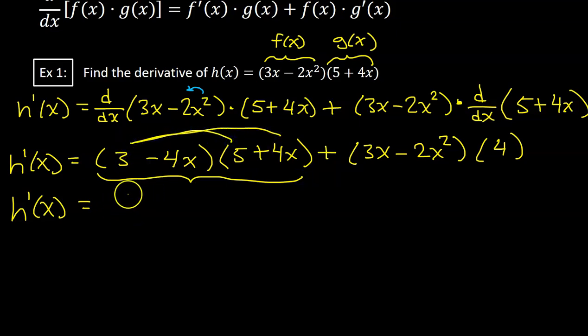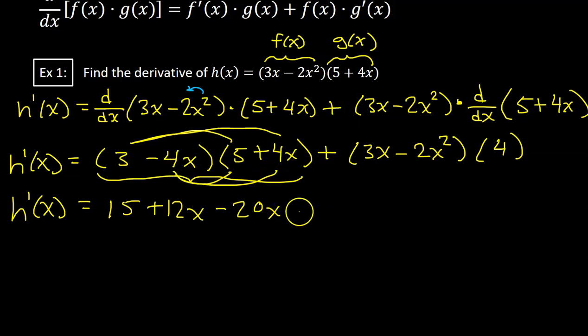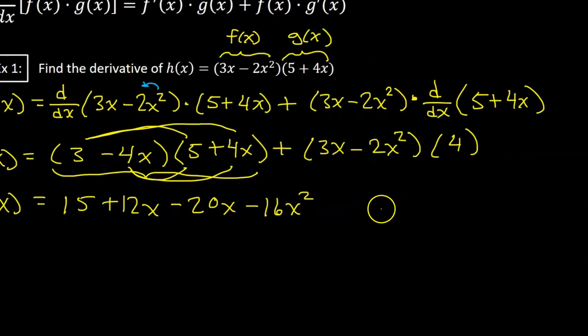So that's going to give me 3 times 5 is 15, and then 3 times 4x is 12x, and then now I'm distributing the negative 4x everywhere. So negative 4x times 5 is negative 20x, and then negative 4x times positive 4x is negative 16x squared.